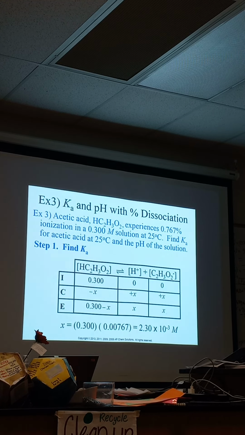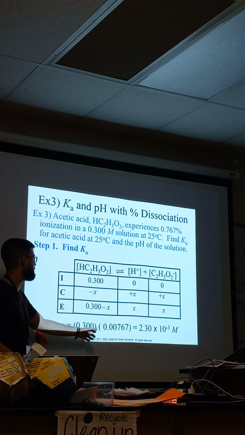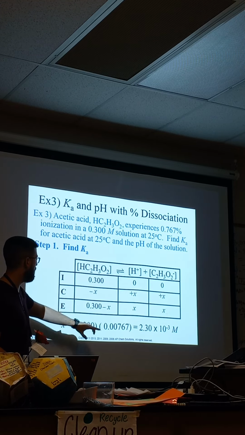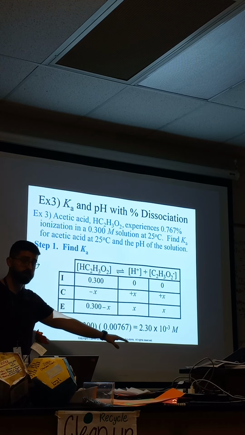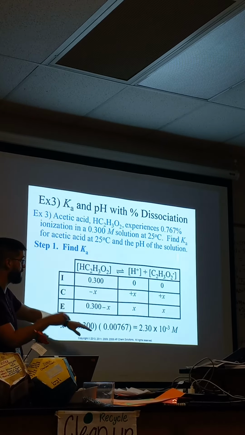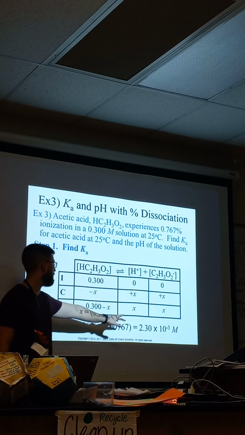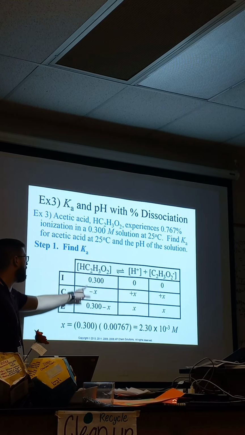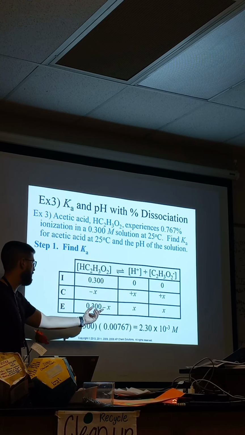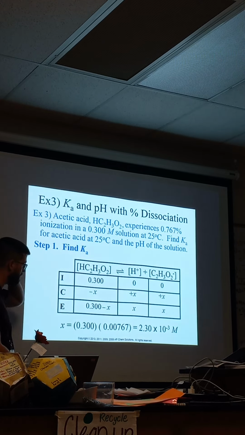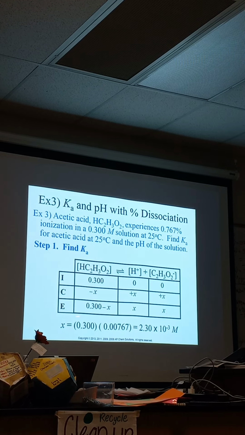And so we're going to multiply that molarity times 0.00767, because it's a decimal percentage. And then that'll actually give us the x, right? And then to find the E line of this original thing, it would be this minus x, which is still going to be pretty low. Okay? But guys, importantly, what does this give us? H plus.